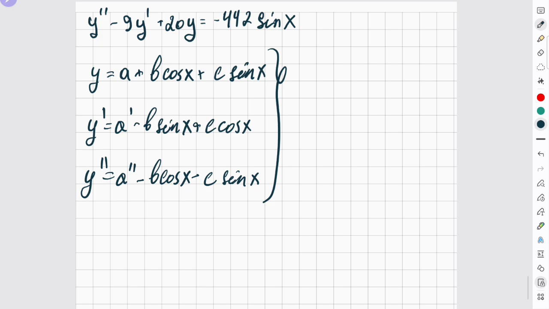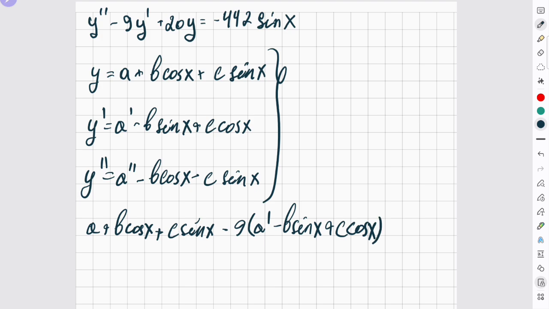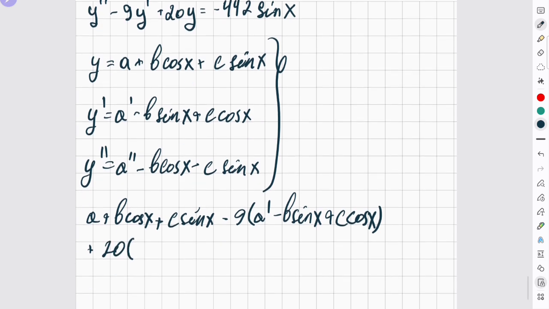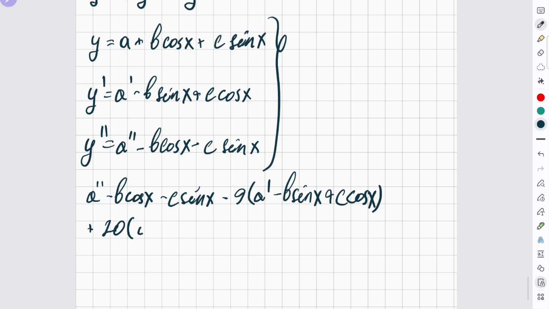Okay, here we can write a plus b cosine x plus c sine x minus 9 times a prime minus b sine x plus c cosine x, and we don't have enough space here, so I will continue from here, plus 20 times, wait, actually I made a mistake here, it is this equation here, and 20 times a plus b cosine x plus c sine x.